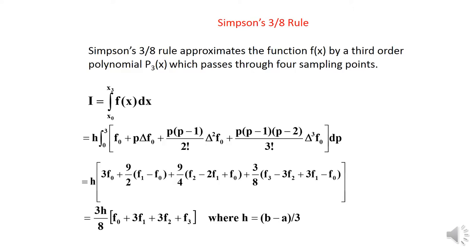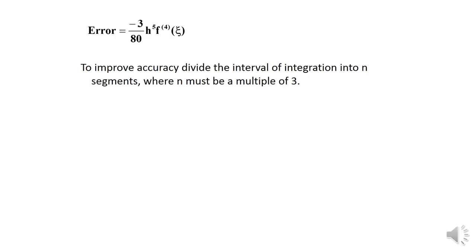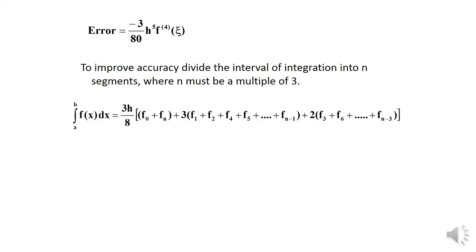So here the error is minus 3/80 h to the power 5 f to the power 4 of zeta. To improve accuracy, divide the interval of integration into n segments where n must be a multiple of 3. So here we can write down the composite formula also.